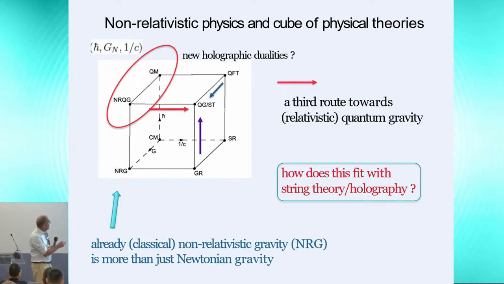But actually, seen as a large speed of light limit or expansion of GR, this corner is more general than Newtonian gravity because it includes it, but it also allows for strong gravitational fields while still having non-relativistic space-time symmetries.